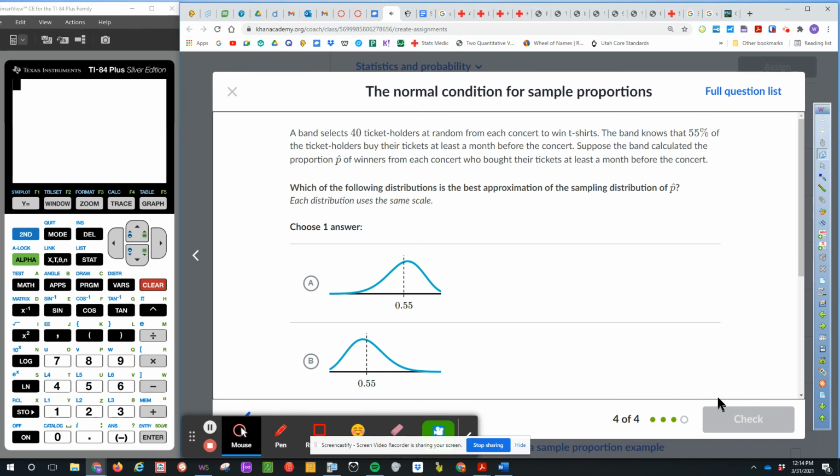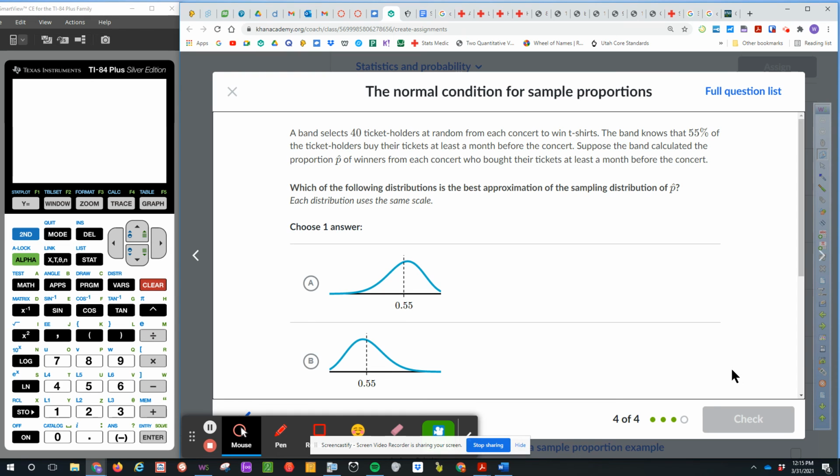All right, let's do one more. A band selects 40 ticket holders at random from each concert to win t-shirts. Woohoo! A band knows that 55% of the ticket holders buy their tickets at least a month before the concert.